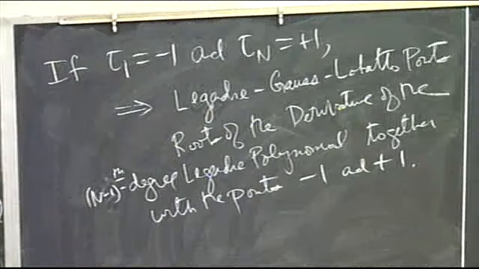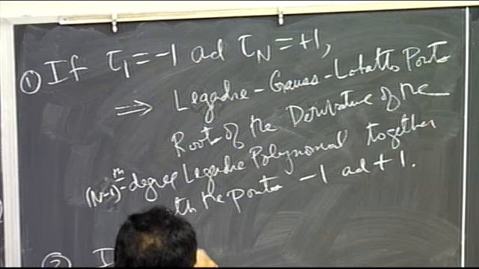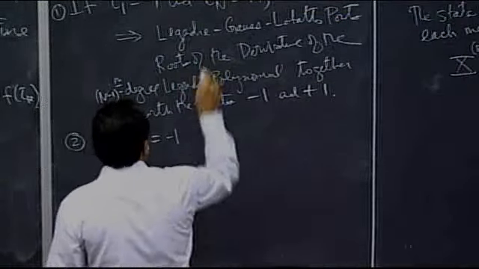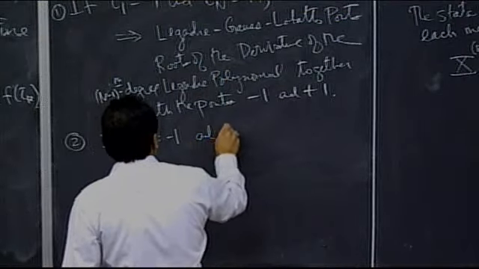In the second case, if tau 1 is equal to -1 and tau n is strictly less than +1, so you don't constrain the last point to equal +1, then the result is what are called the Legendre-Gauss-Radau points.